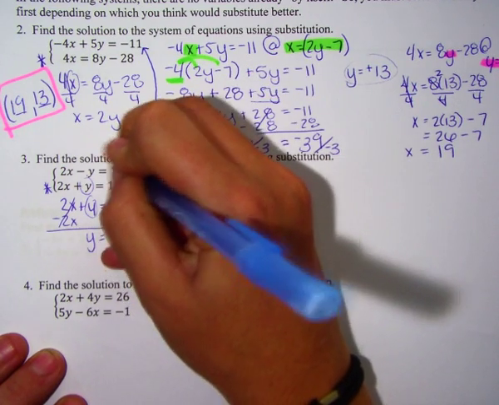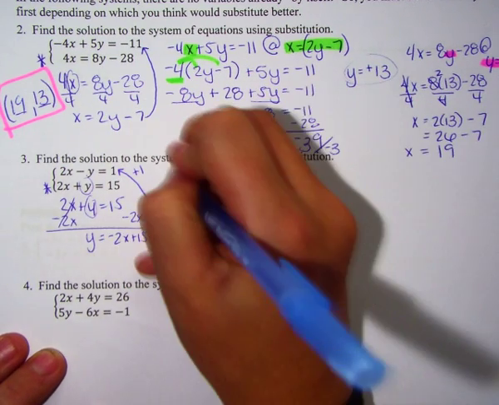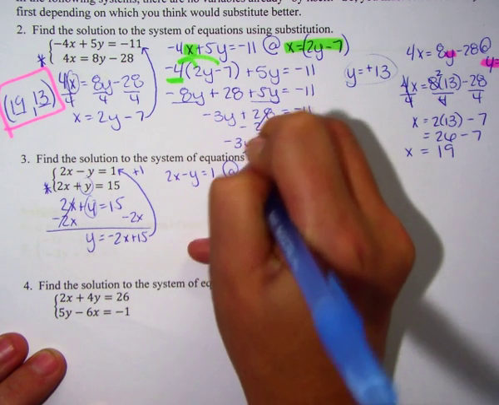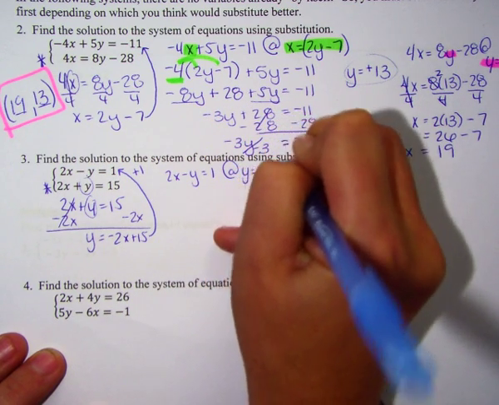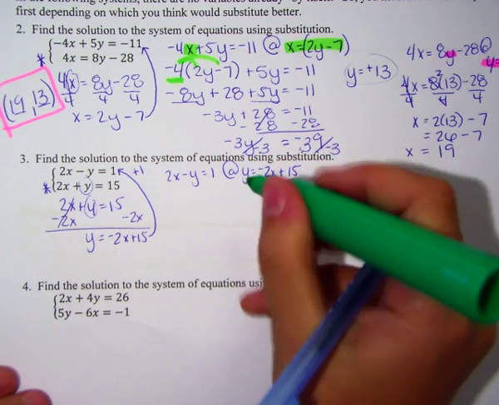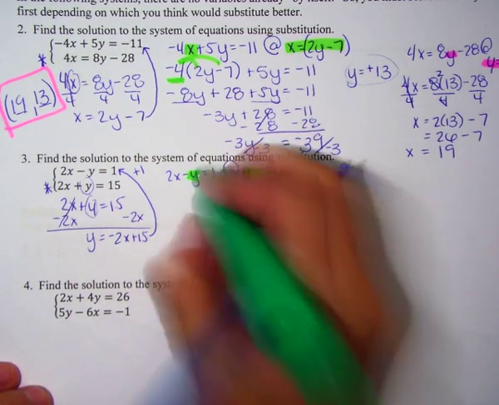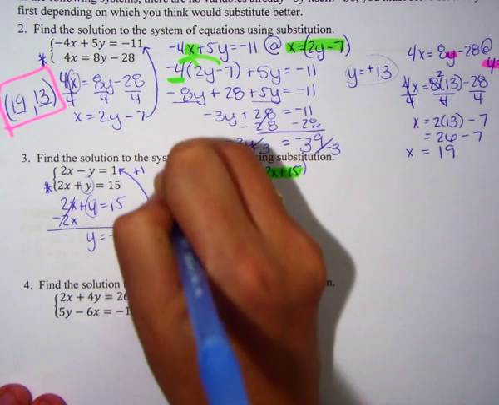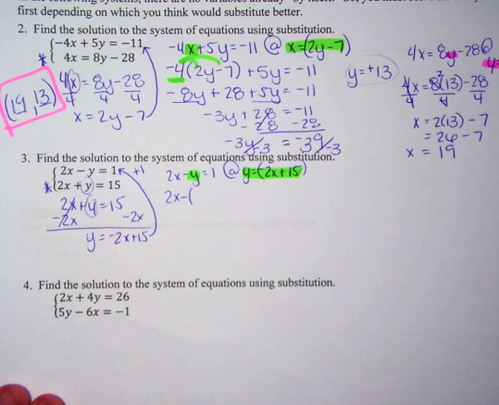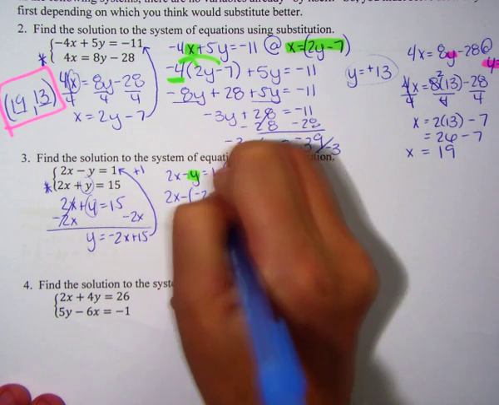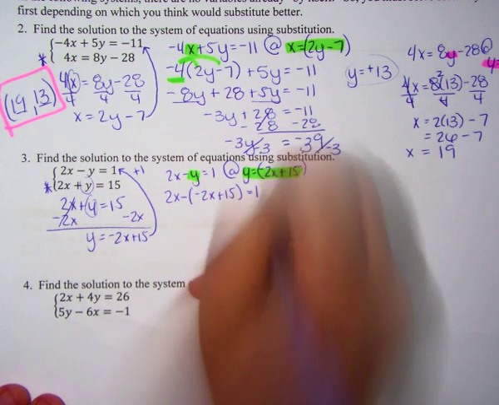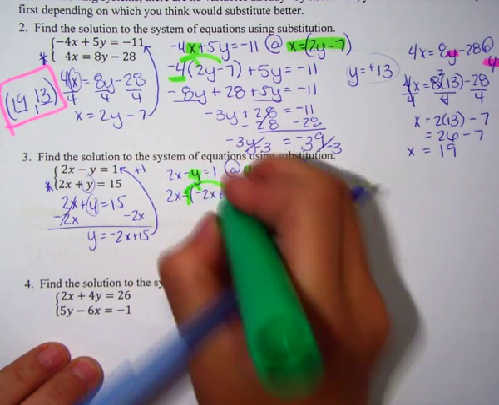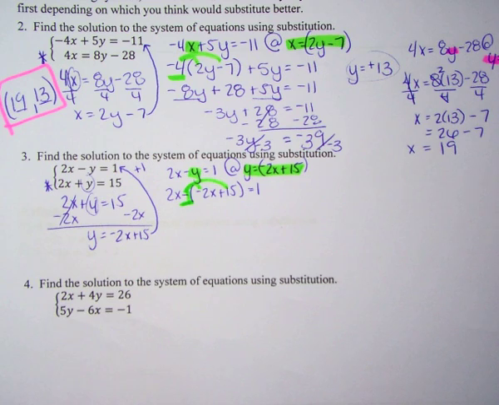Take this and I'll substitute it into the first equation, 2x minus y equals 1, at y equals negative 2x plus 15. Everywhere that I see a y, I'm going to substitute in the quantity negative 2x plus 15. So 2x minus the quantity negative 2x plus 15 equals 1. Don't forget that you're distributing a negative 1 to both terms in the parentheses.